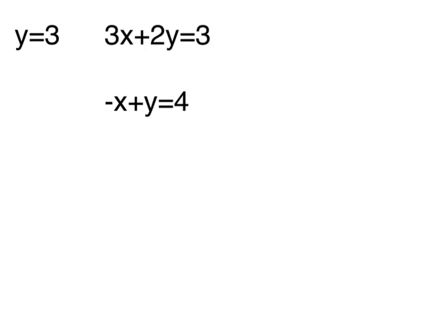Now as you see, we're back to our two original equations right here. We have 3x plus 2y equals 3, and negative x plus y equals 4. Up in the left-hand corner over here, we have the variable we solved for earlier, which is y equals 3. So what we're going to do now is take this y equals 3 and plug that 3 in for the y variable in each of our original equations.